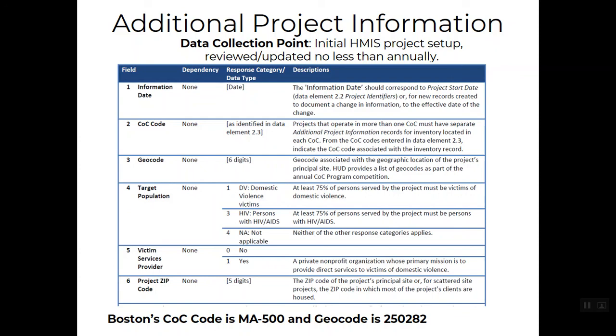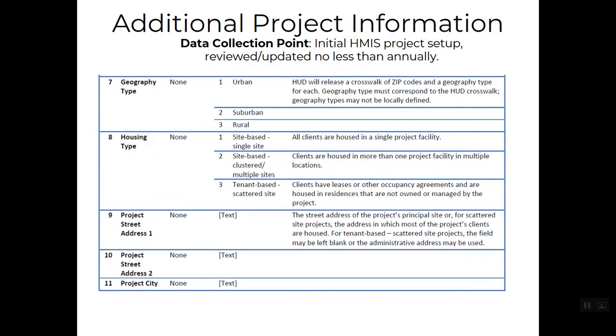The project zip code, where exactly this program is located. Are you in an urban, suburban, or rural setting? We're all urban. Housing type: is this just one building, one site, where all of your beds are? Single site based, but clustered multiple sites may mean it's more of a campus type setting.